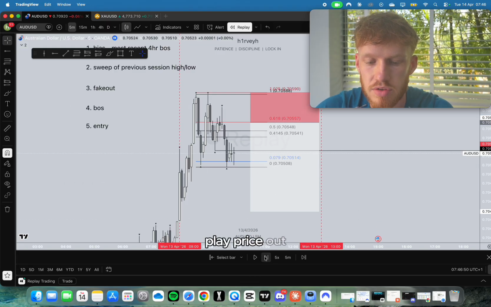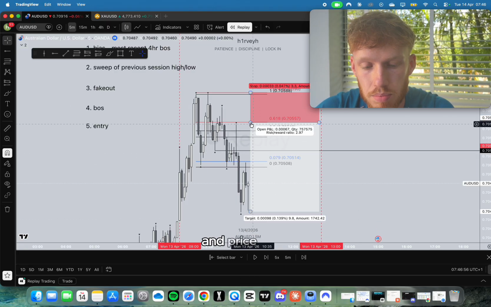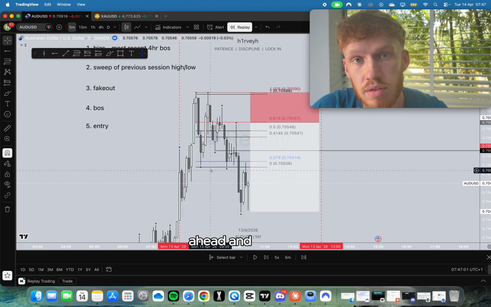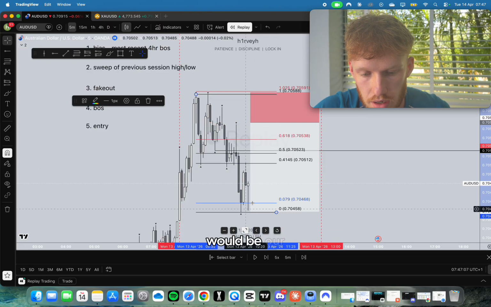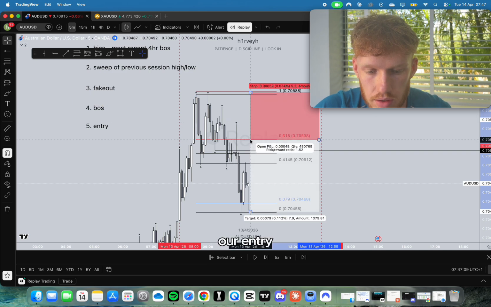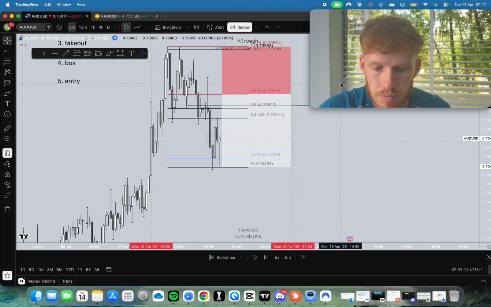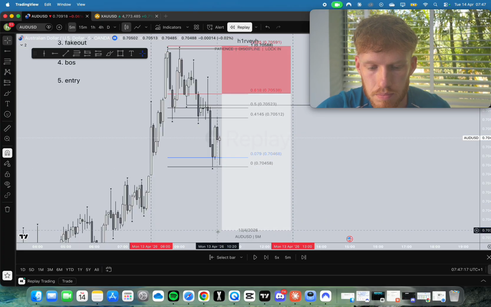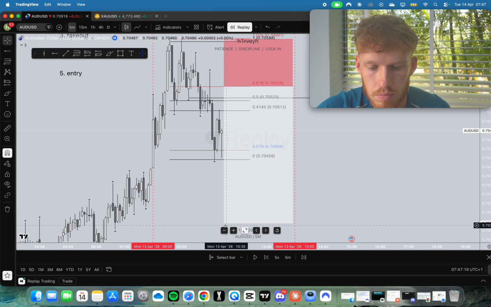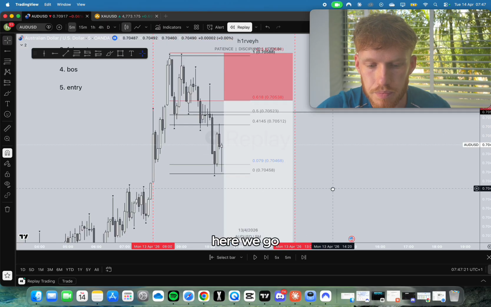And if I play price out, if we don't get tapped in and price goes ahead and extends the range, then we just follow price with the fib. So now this would be our area, this would be our entry, stop loss would just be there, and now our 3Rs down here. Here we go.